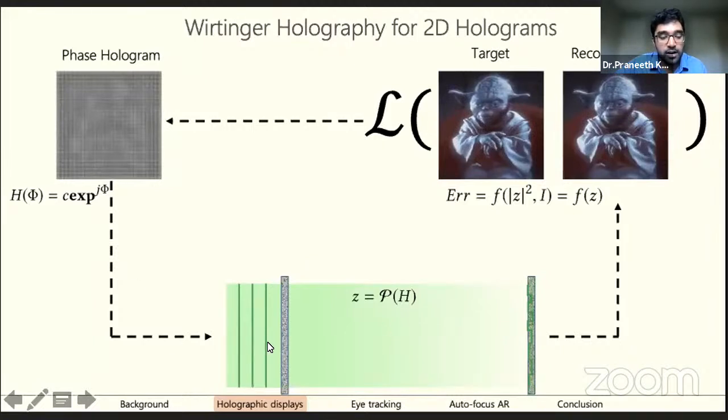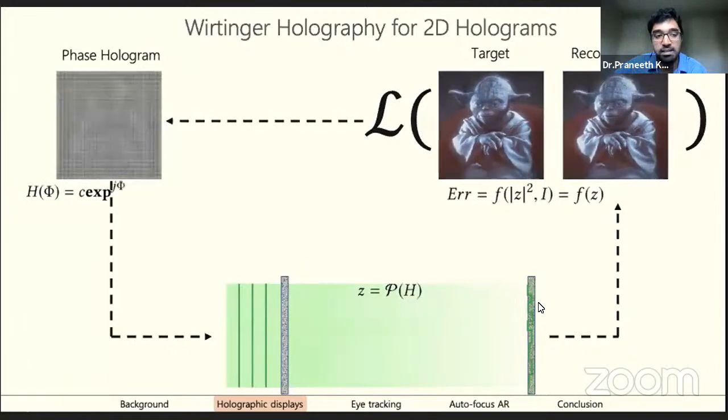You let this hologram modulate the incoming light, and this light is propagating through a distance, and let's call that propagation p. Right, and here you are computing the intensity of the wave interference, and let's call the target I, and the intensity of the propagated wave the absolute value of z squared, where z is the complex wave field on the image plane, right?